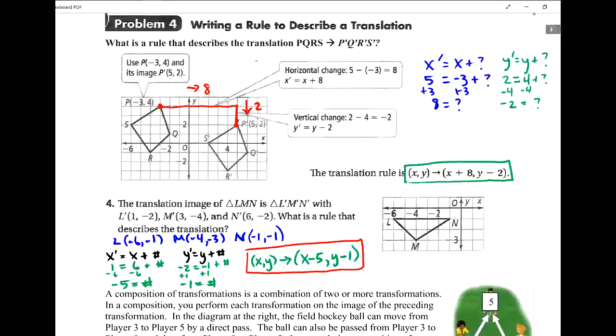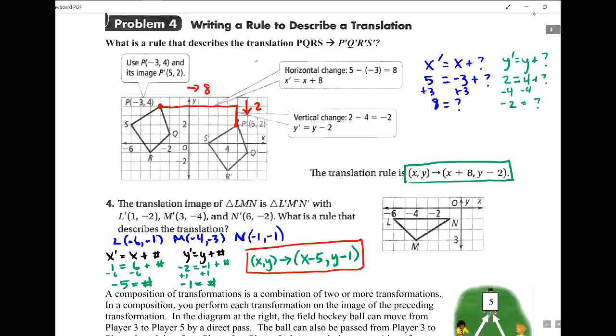Okay, on this one we weren't given a graph to map it to. You could get some graph paper and graph it out, but you can do this numerically. So it says the translation of image LMN is L prime, M prime, N prime for our triangles. And we are given our image values, L prime, M prime, and N prime, and we are to write a rule that describes the translation.